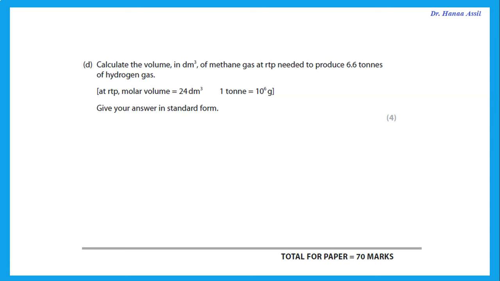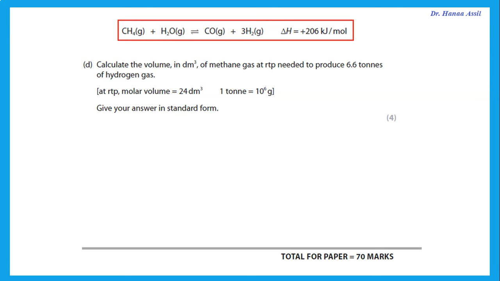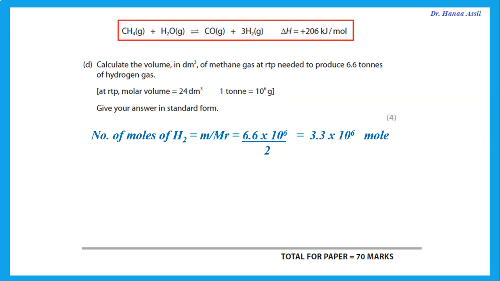And the last question says, calculate the volume in decimeter cubed of methane gas at room temperature needed to produce 6.6 tons of hydrogen gas. So, we're going to make 6.6 tons of hydrogen. How much methane did we start with? Of course, we said if we're given information about hydrogen gas, for example, the first thing we need to do is get number of moles.